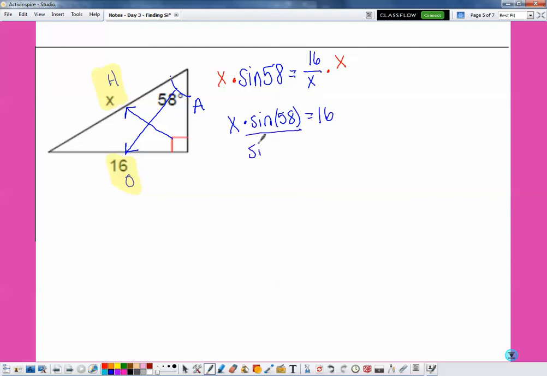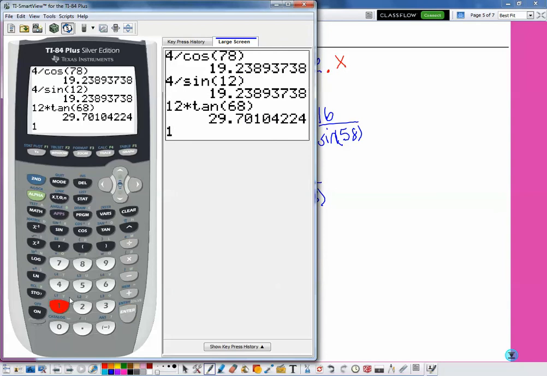Divide by sine of 58. X equals 16 over sine of 58. X is by itself now, so we're going to type it in our calculator. 16 divided by the sine of 58.